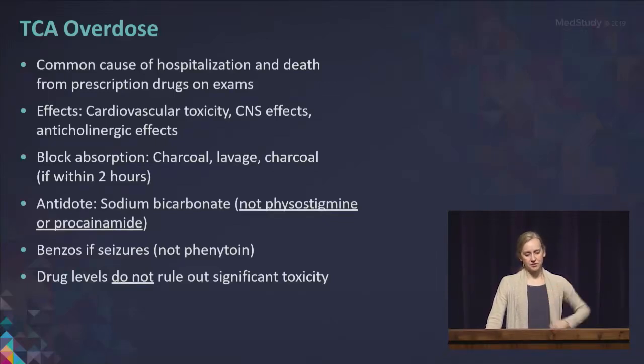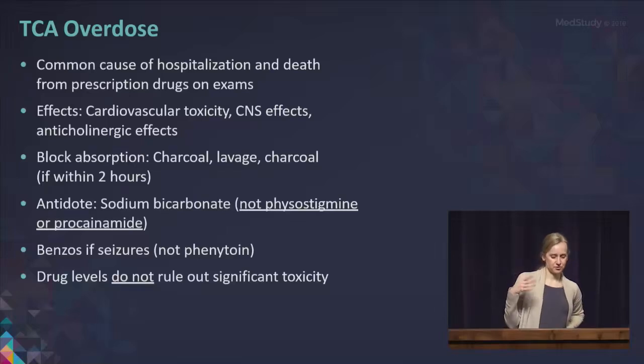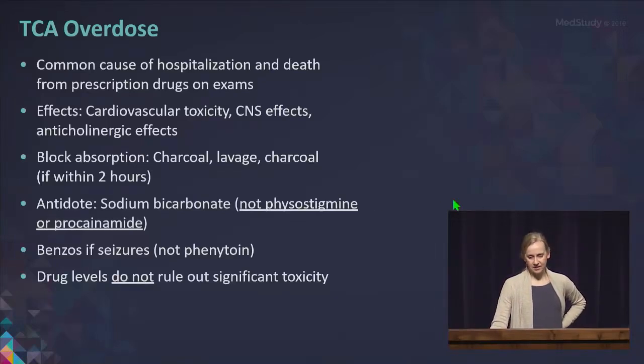But the antidote is sodium bicarbonate, and that's important because in the last slide I told you that you treat anticholinergic overdose with physostigmine, and here it's really dangerous to give physostigmine. So it's important to look for these TCAs before you give that medicine. The physostigmine and procainamide can cause severe arrhythmias or even asystole in these patients.